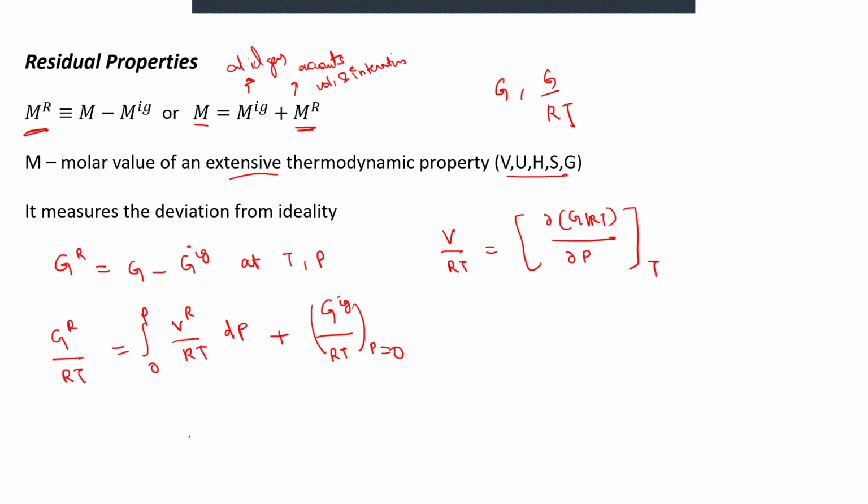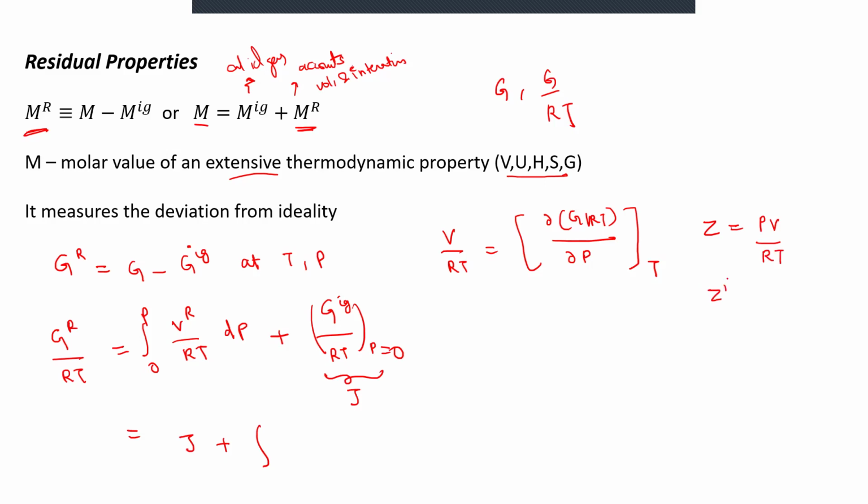So if you express this as some J, equals J plus... V by RT we can define as Z, so generally Z is equal to V by RT.